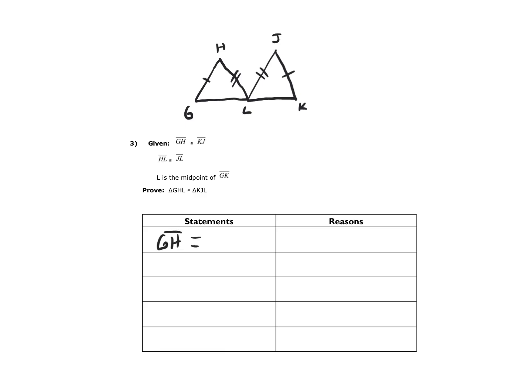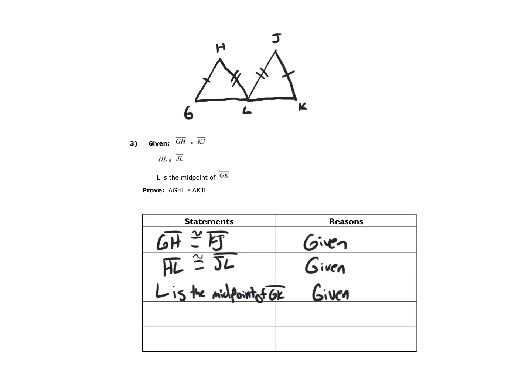GH congruent to KJ, that's a given. HL is congruent to JL, and that's a given. The other given we're given is that L is the midpoint of segment GK, and that is a given.